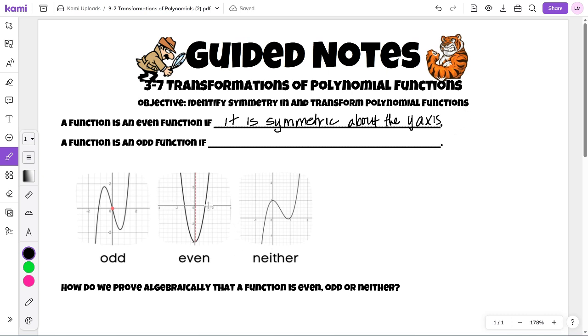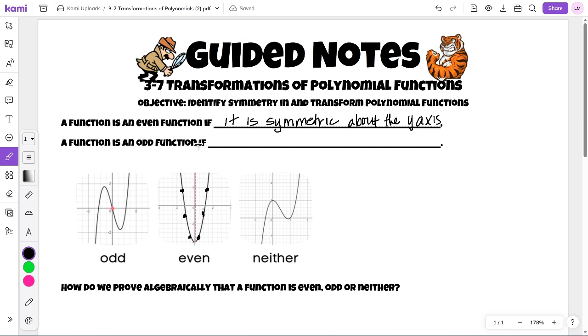So for example, I come over here and I plug in 1 and I plug in -1, I get the same y value. If I plug in this x value and the opposite of that x value, I have the same y value. It's the same height. That makes the function an even function.